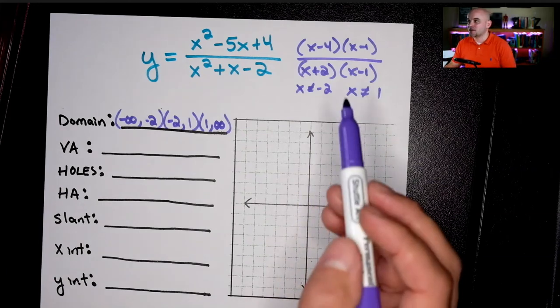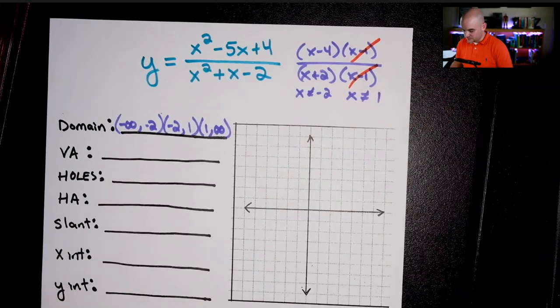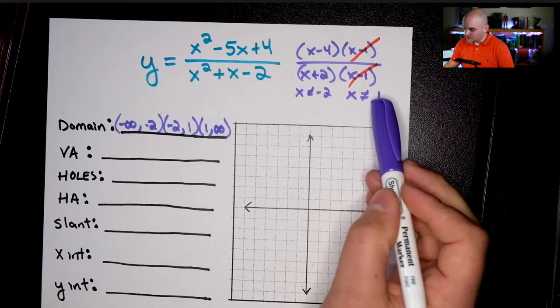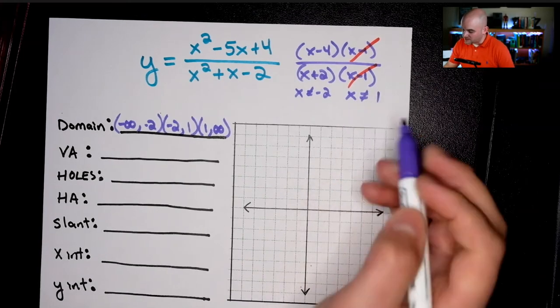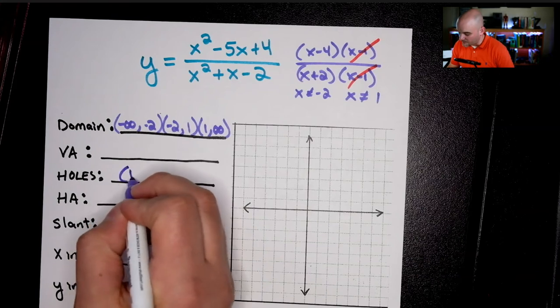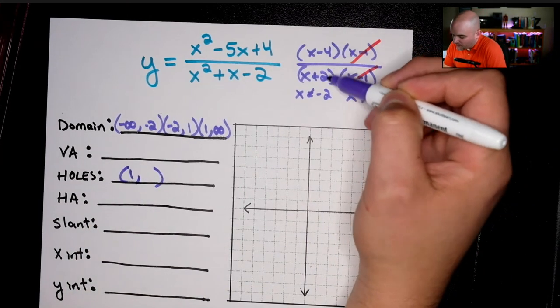So let's see, does anything up here cancel? And the answer is yes. We've got some things canceling out. We've got x minus 1 cancels x minus 1. That means that that issue right there is a hole. x cannot equal 1. This is my canceled out, or my reduced form of it.